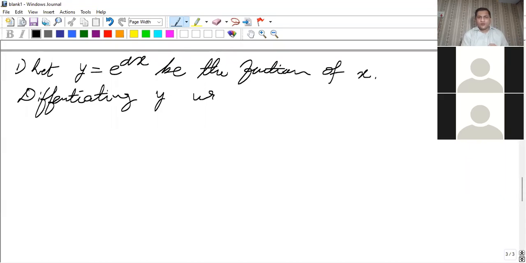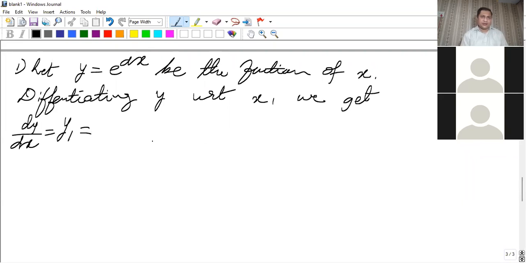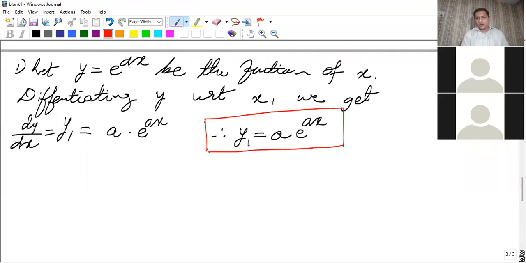Differentiating y with respect to x, I'll write both the notations for the time being. Later on, I'll not write this dy by dx. Till you get the idea, I'll write it. So we have dy by dx as y1 is equal to a into e raised to ax. So that is our first order derivative.